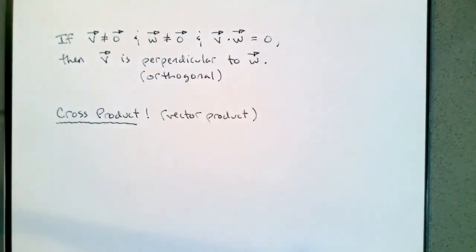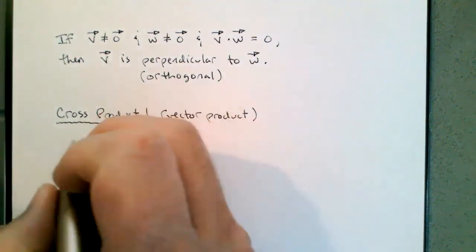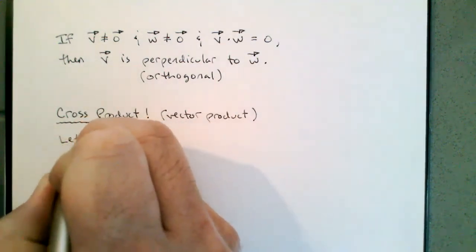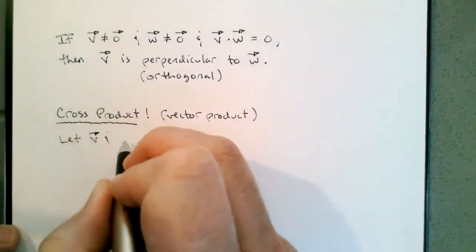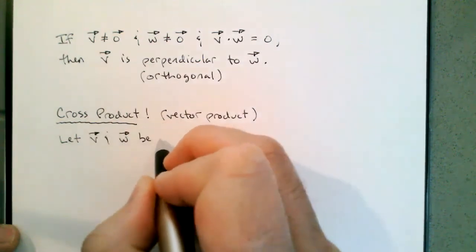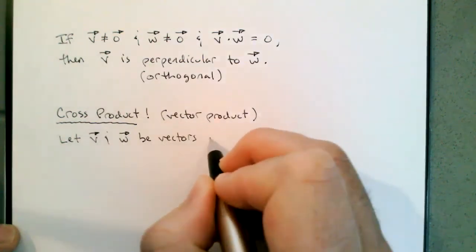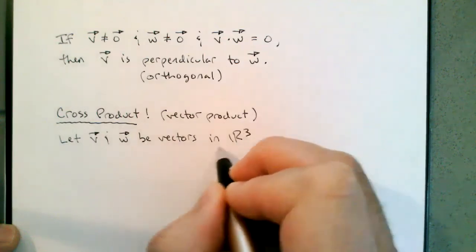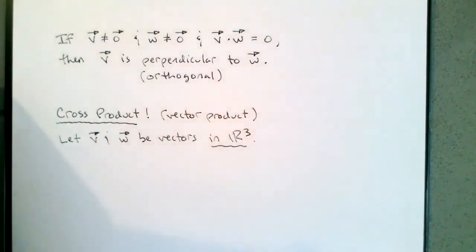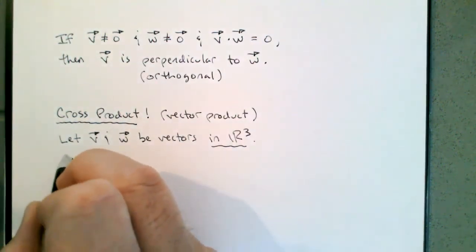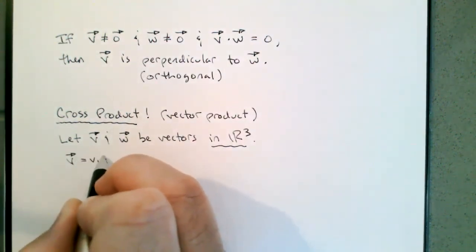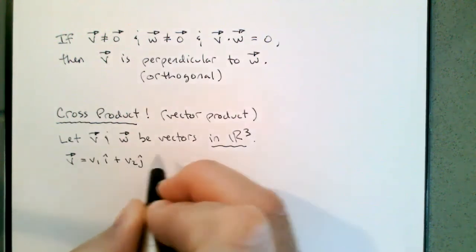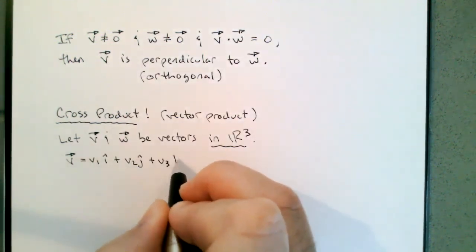All right. So let's start with a couple of vectors, and let's start with vectors in R3. Let V and W be vectors in R3. So V is, say, V1 i hat plus V2 j hat plus V3 k hat.